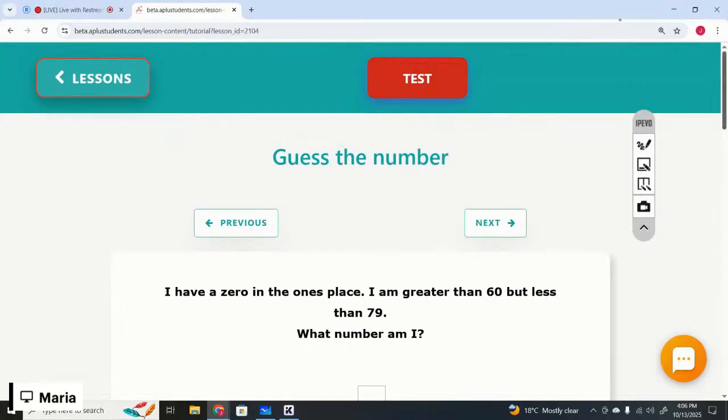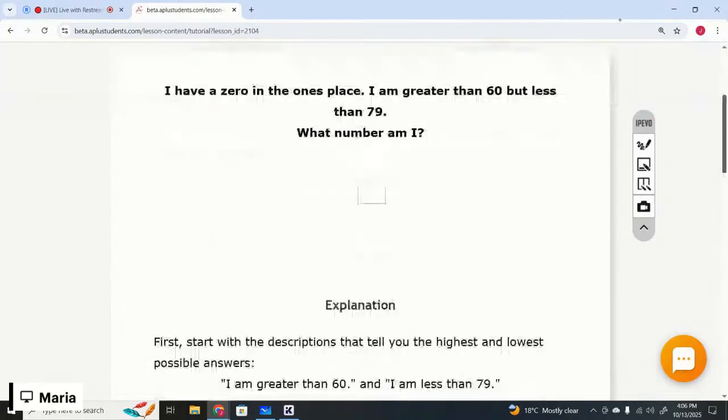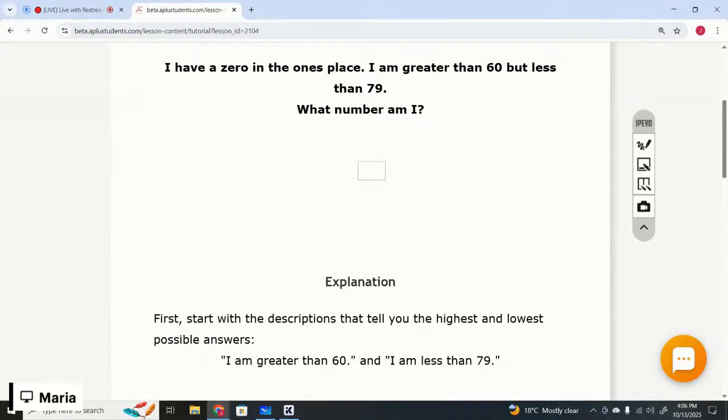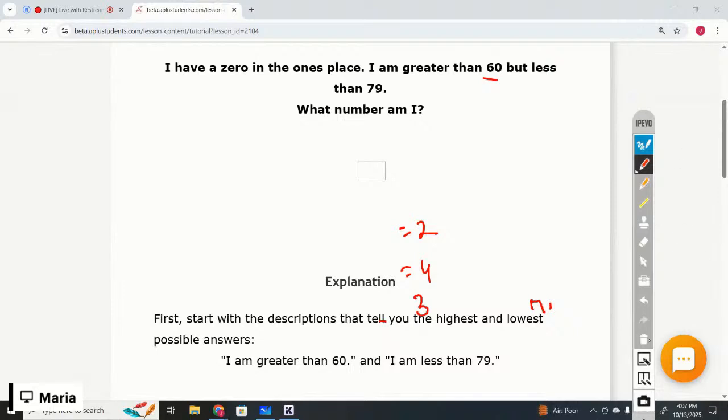I have a 0 in ones place. I'm greater than 60 but less than 79. What number am I? So the number is between 60 and 79 and the ones place is 0. You need to find out the number. So from 60 to 79, which number has 0 at the ones place?